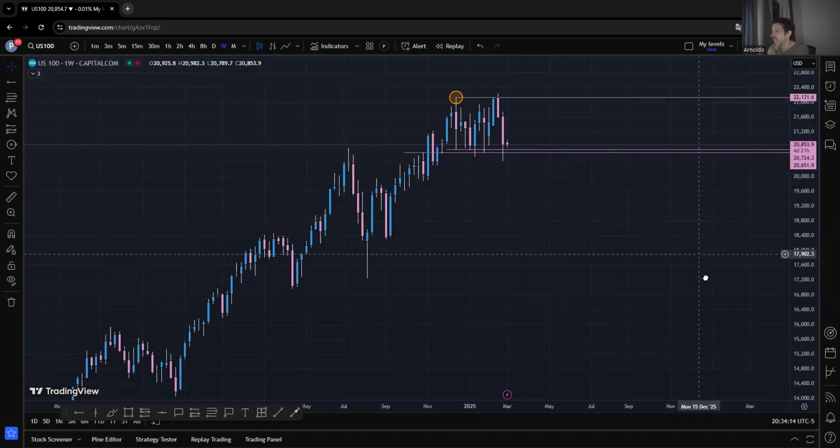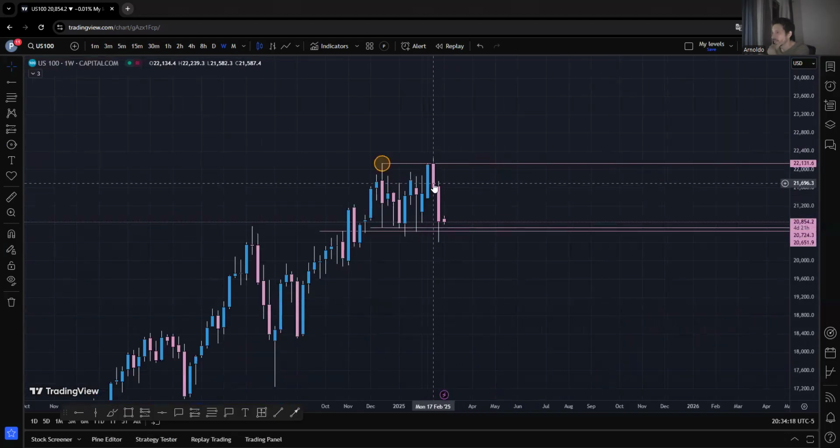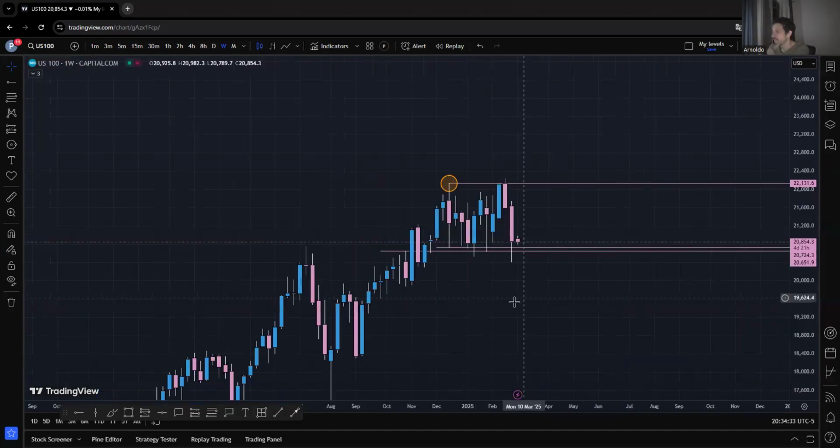We raided that high about two weeks ago, on the 17th of February, taking out that high. And then what did we do? We dropped down and dug even deeper the week after, in this case last week, and we took out a swing low. So we've taken out a swing high and a swing low.